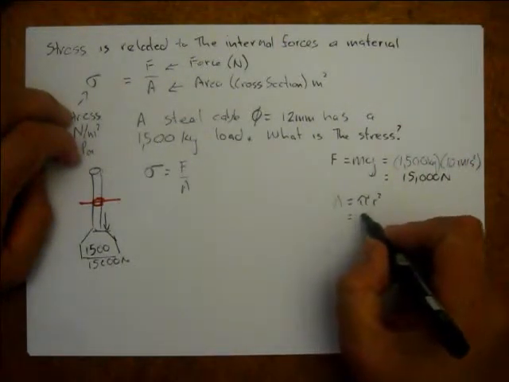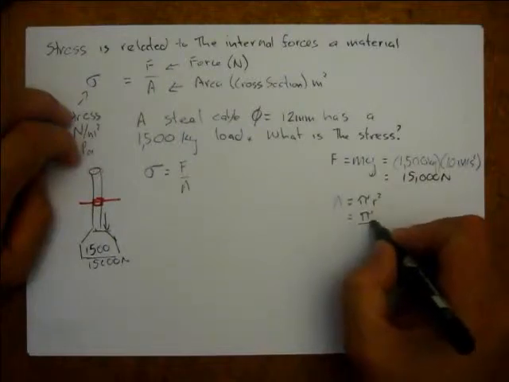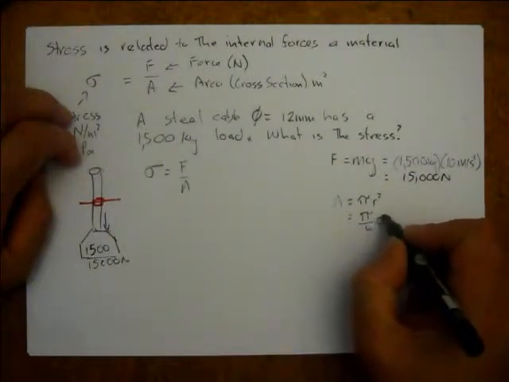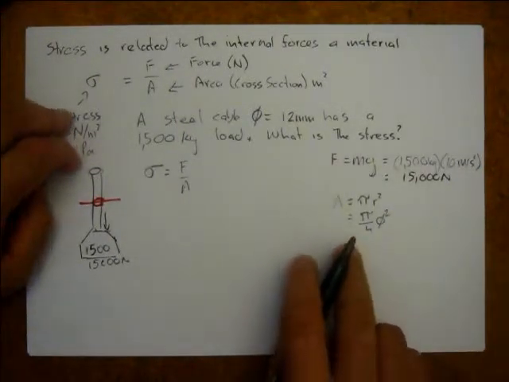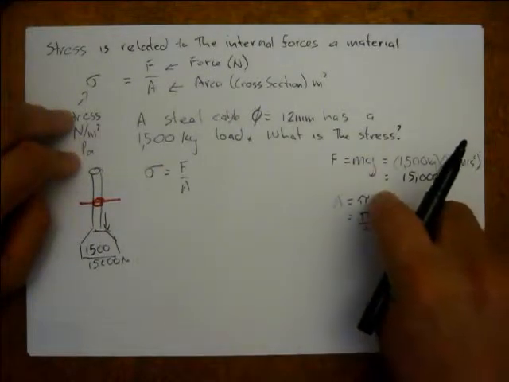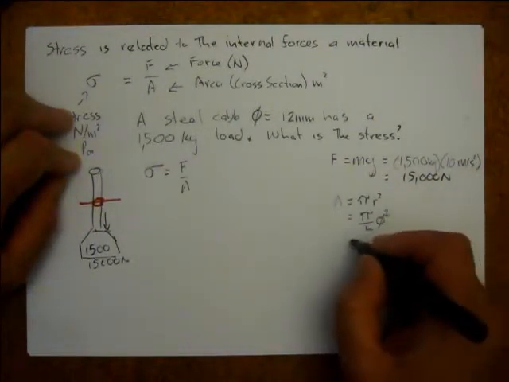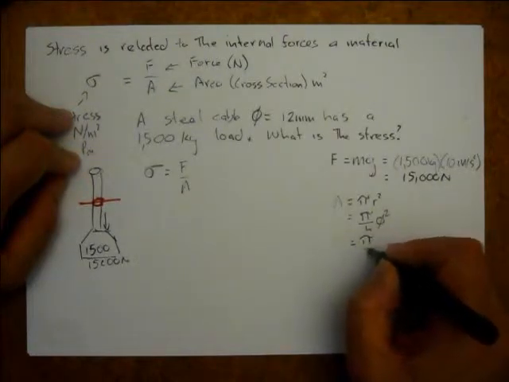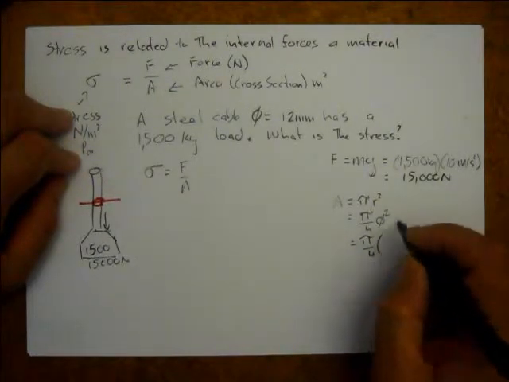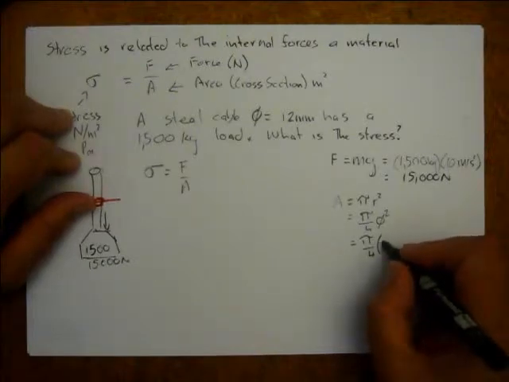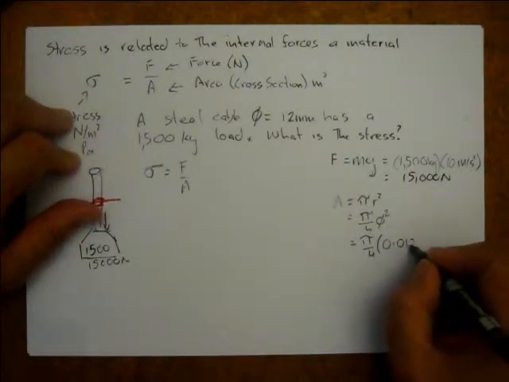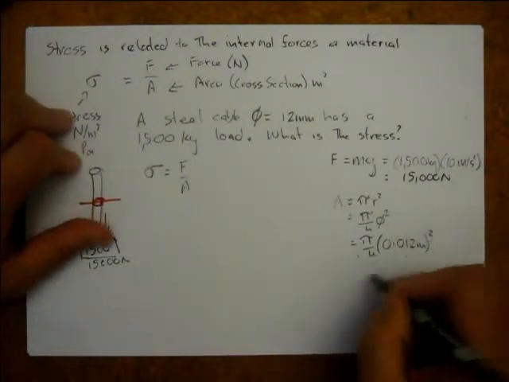Or in engineering, it's also equal to pi over 4 times diameter squared. You'll usually use this one in engineering. So the area is equal to pi over 4 times, if in doubt go back to meters, 0.012 meters squared.